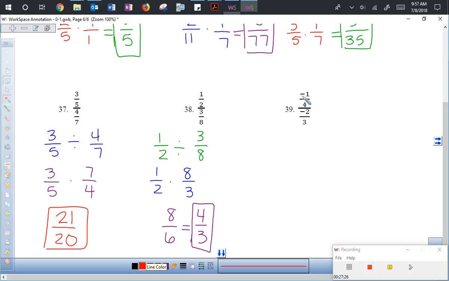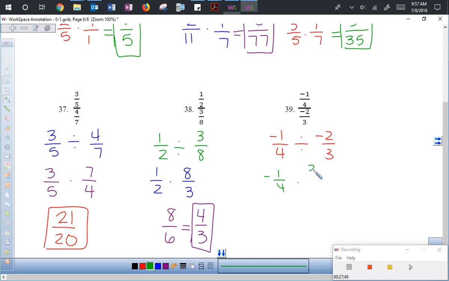Number 39, let's start by rewriting it. Negative 1 over 4 divided by negative 2 over 3. Now we want to rewrite that as a multiplication, so negative 1/4 stays the same, times the reciprocal of negative 2/3.